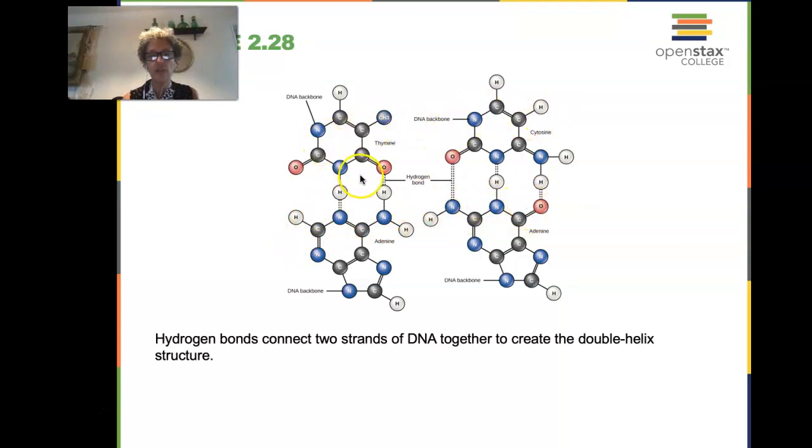This is the other strand, and we get hydrogen bonds forming between our bases. And that's what's going to form a spiral staircase. So the individual components to build one strand of DNA are covalently bound to each other, but then the 2 separate strands of DNA will have hydrogen bonds between them.